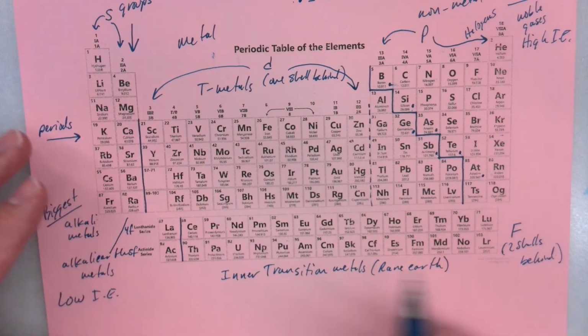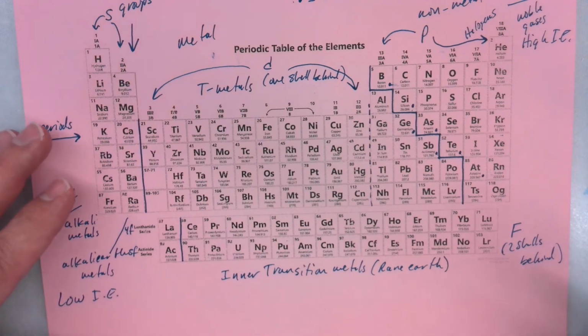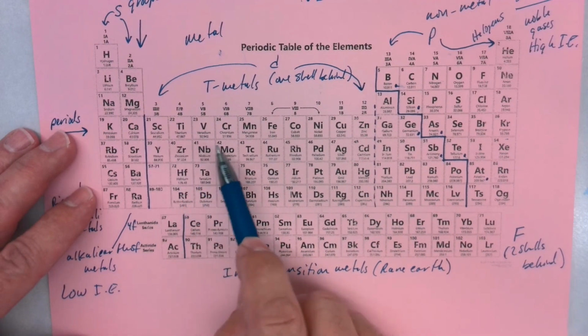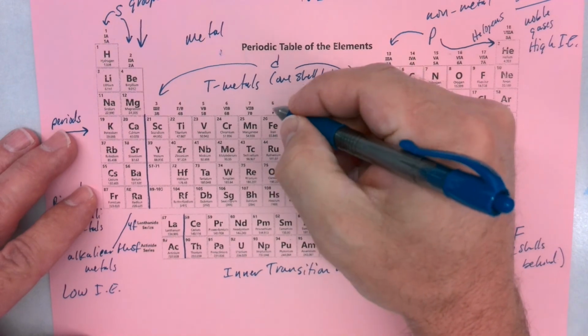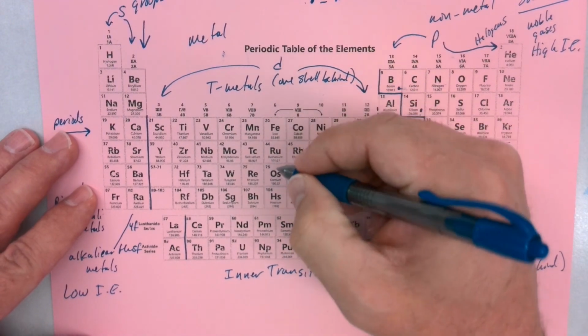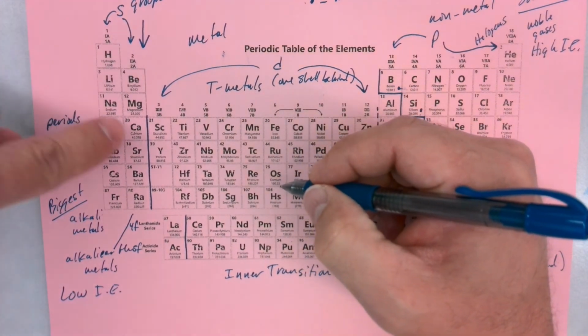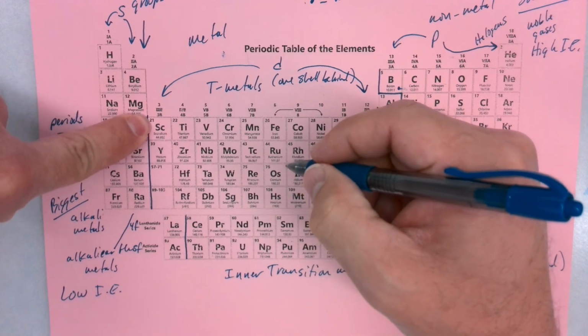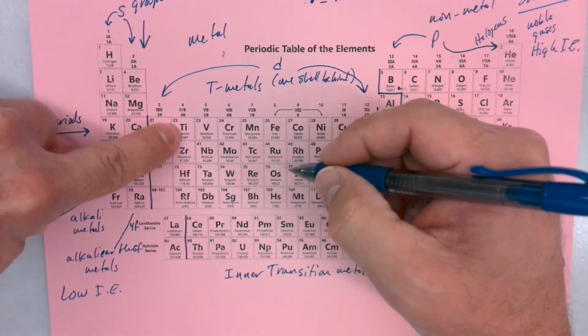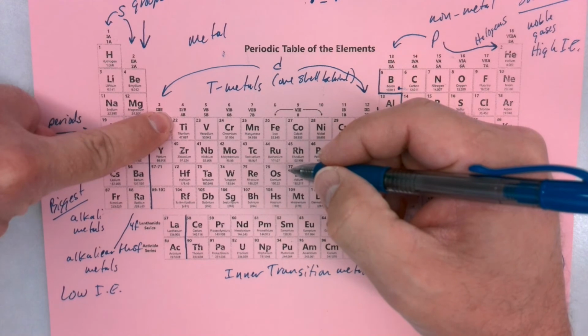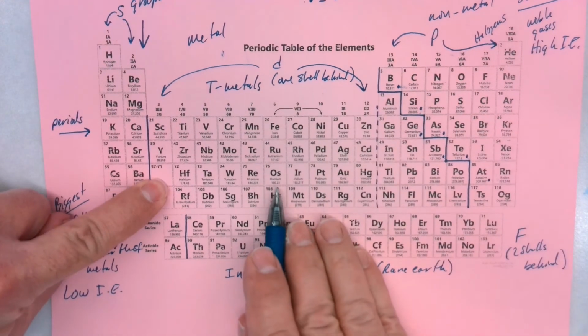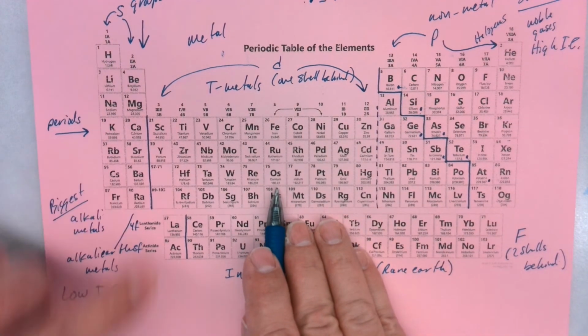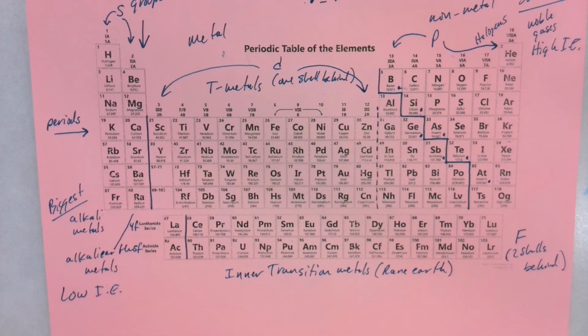So I know this is how many boxes over in the D range. So I go 1, 2, 3, 4, 5. So I know it's got to be right here, right? But I'm in the 5. So what was the first one in? 3, because that's period 4, right? So that's 3, that's 4, that's 5. It must be osmium. Does that make sense? Yeah. Okay. So, and if it's a small one, you can do the whole thing.